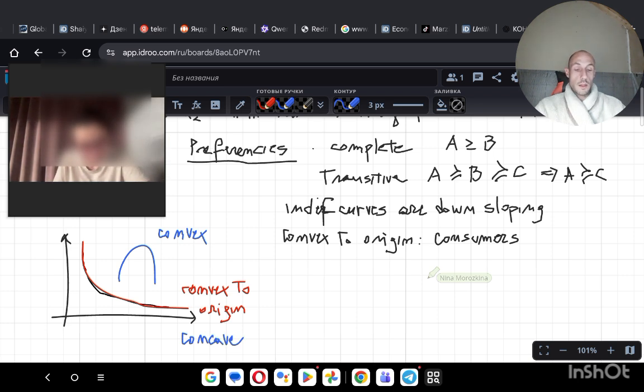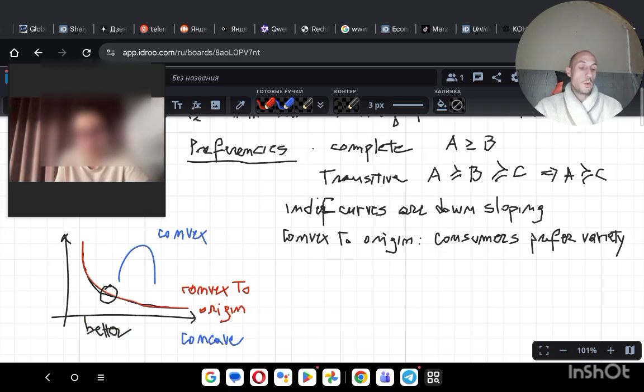This is all the combination of two goods that make you as happy.